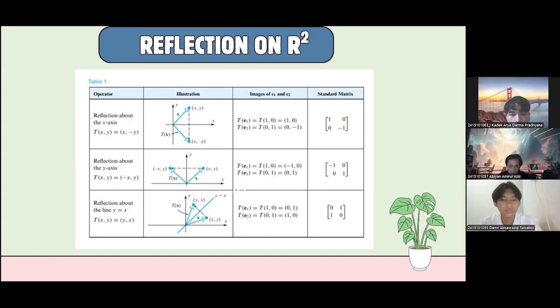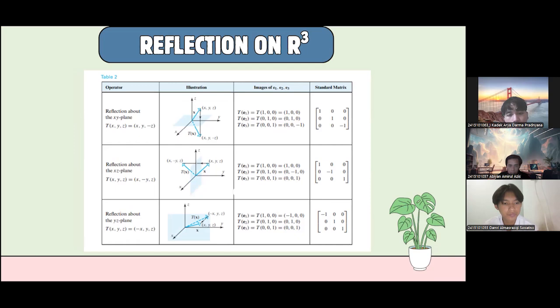For the second, the reflection about the y-axis: T(x, y) equals (-x, y), and the standard matrix is [-1, 0; 0, 1]. And for the third, the reflection about the line y equals x: T(x, y) equals (y, x), and the standard matrix is [0, 1; 1, 0].